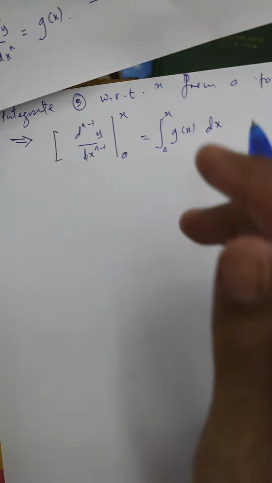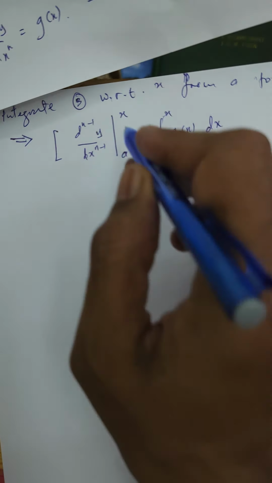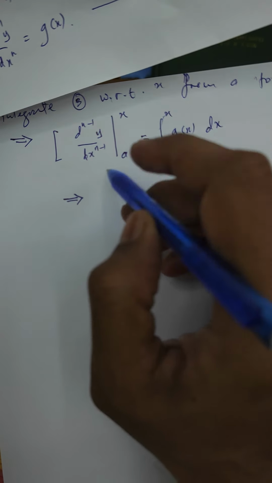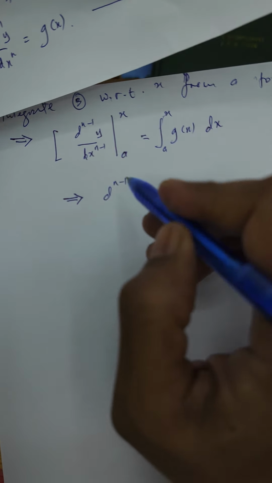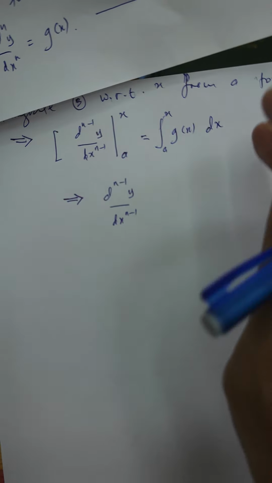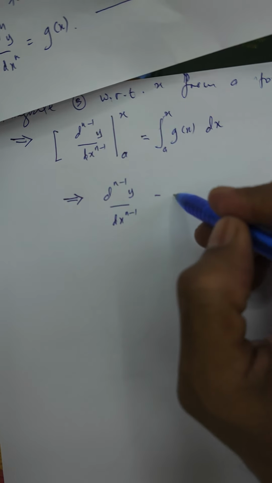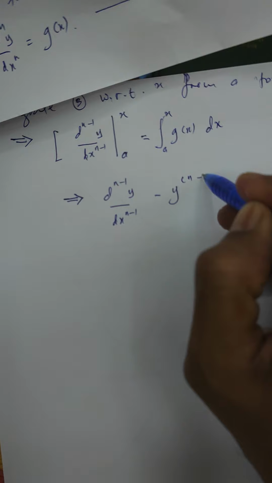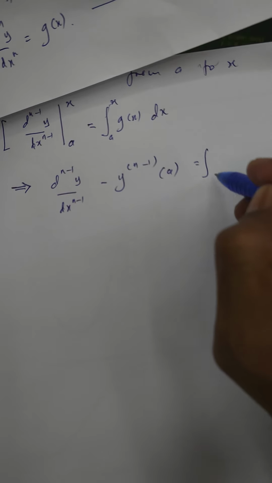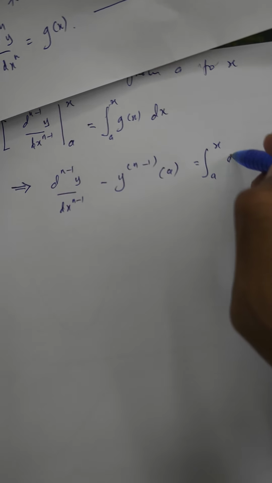Substituting the limits, we get d^(n-1)y/dx^(n-1) minus y^(n-1)(a), equal to the integral from a to x of g(x) dx.